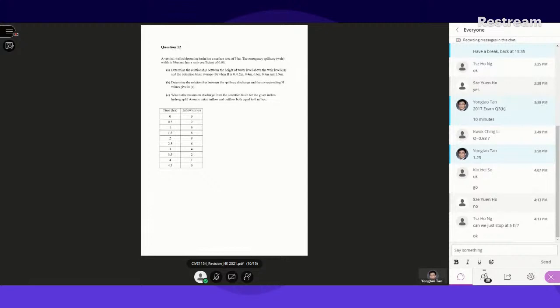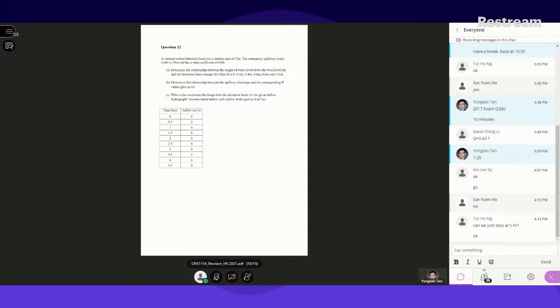Actually, this is not a weir coefficient, it is a discharge coefficient of 0.66. Determine the relationship between the height of water above the weir level and the detention basin storage.